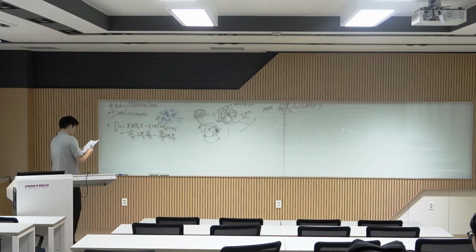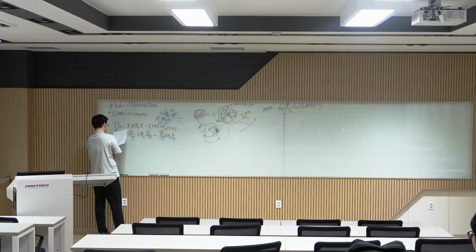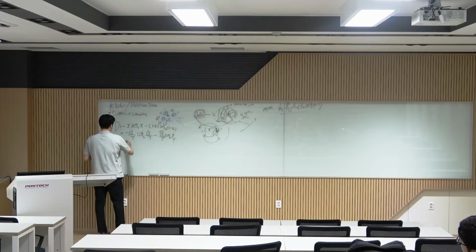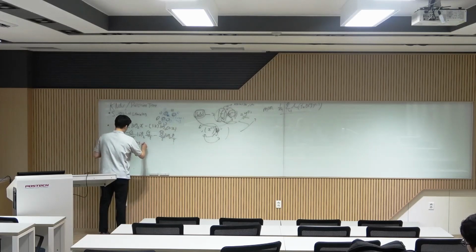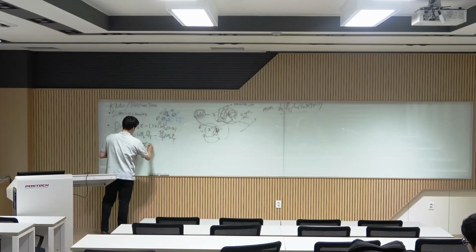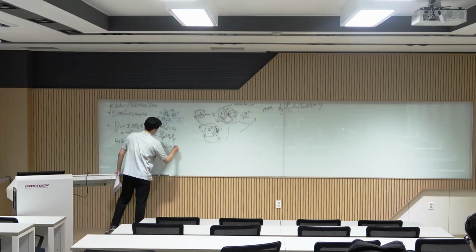So we need to find the homogeneity. For homogeneous cases, x goes to 0, which means 0 over t, and this gives us zero disorder.